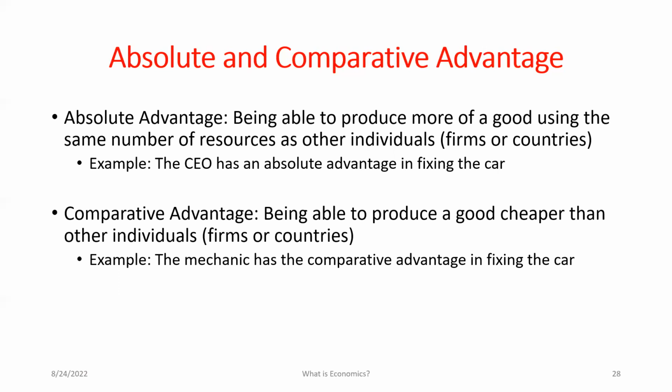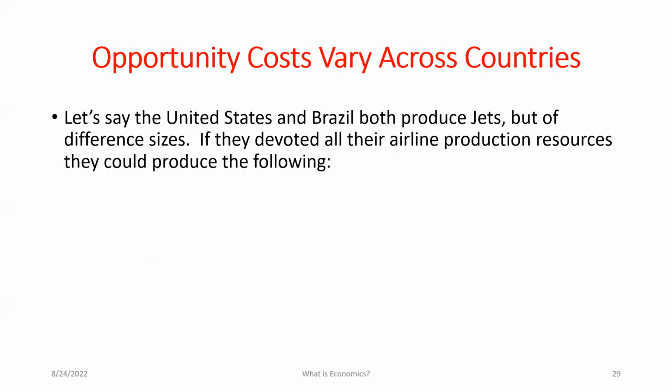So the CEO has the absolute advantage, able to fix the car in less time using all the resources. But the comparative advantage was with the mechanic, because time was so costly for that CEO. What the CEO should be doing, instead of fixing cars, is running the company, where they have a comparative advantage. So this is the idea of absolute and then comparative advantage.